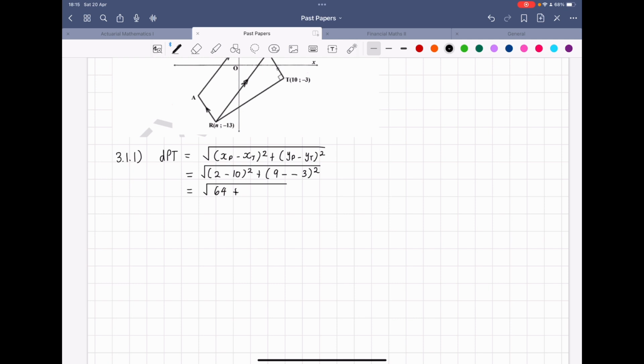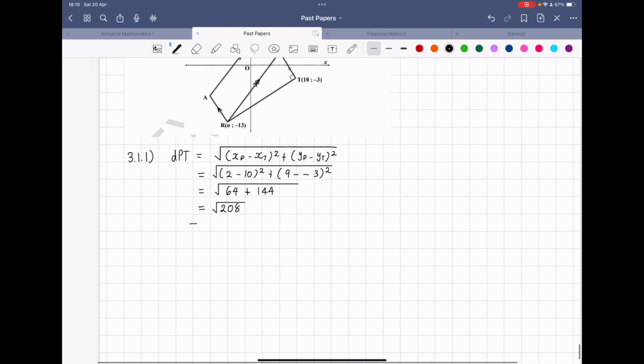And 12 squared is 144. So 64 plus 144 is 208. And when I put this in my calculator, I get 4 root 13 units.